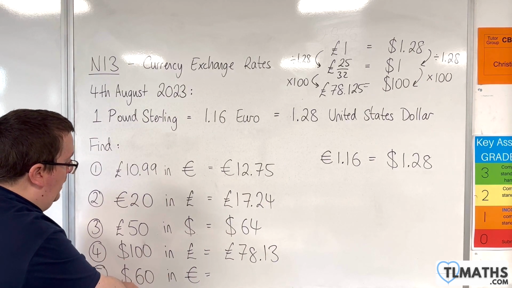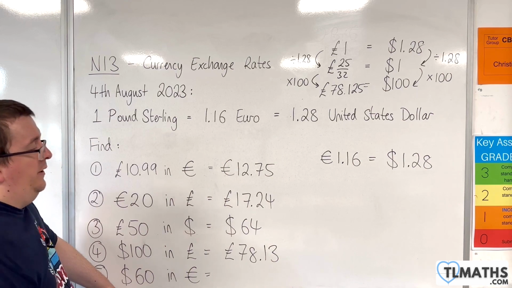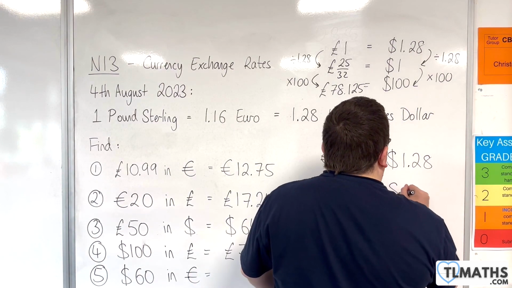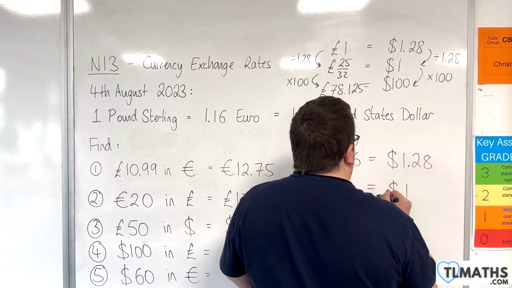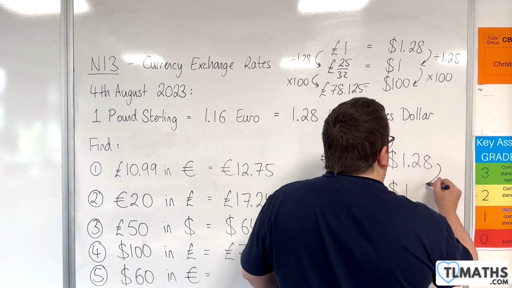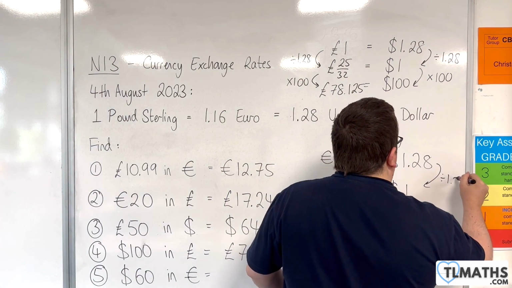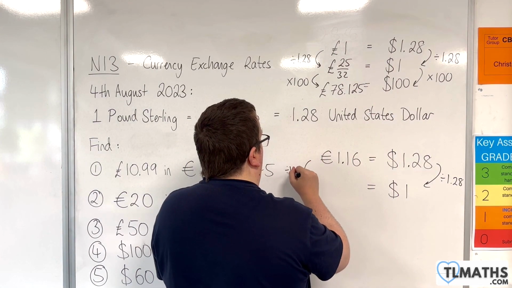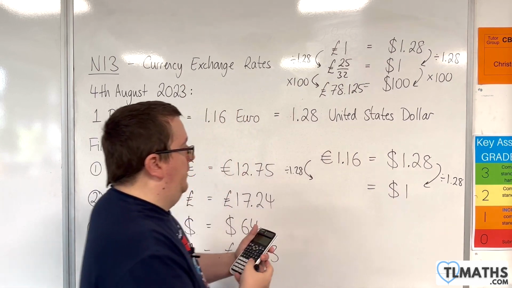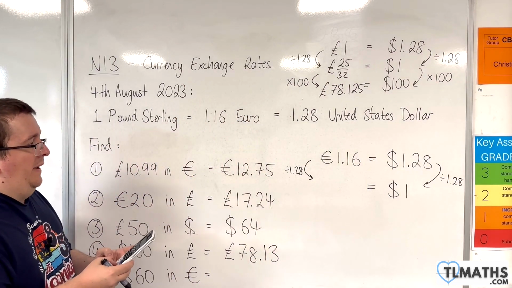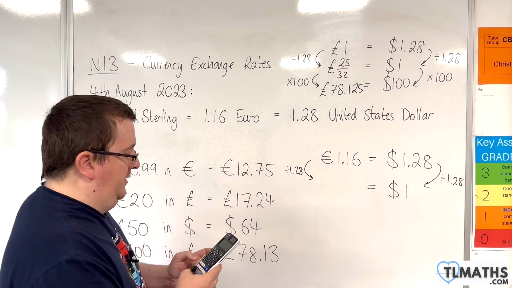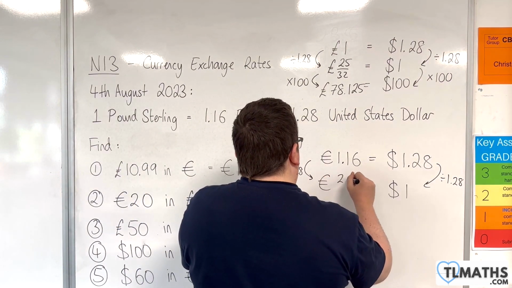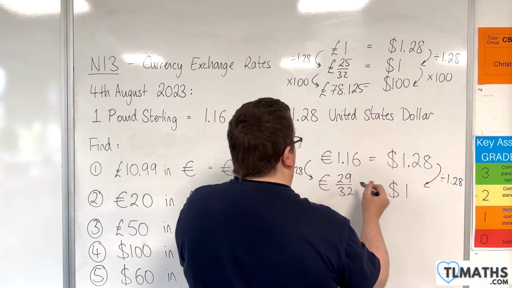So I want to work out how many euros $1 is. I need to divide the right-hand side by 1.28, so I need to do the same to the left-hand side. So 1.16 divided by 1.28. My calculator is giving me 29 over 32, and that's euros.